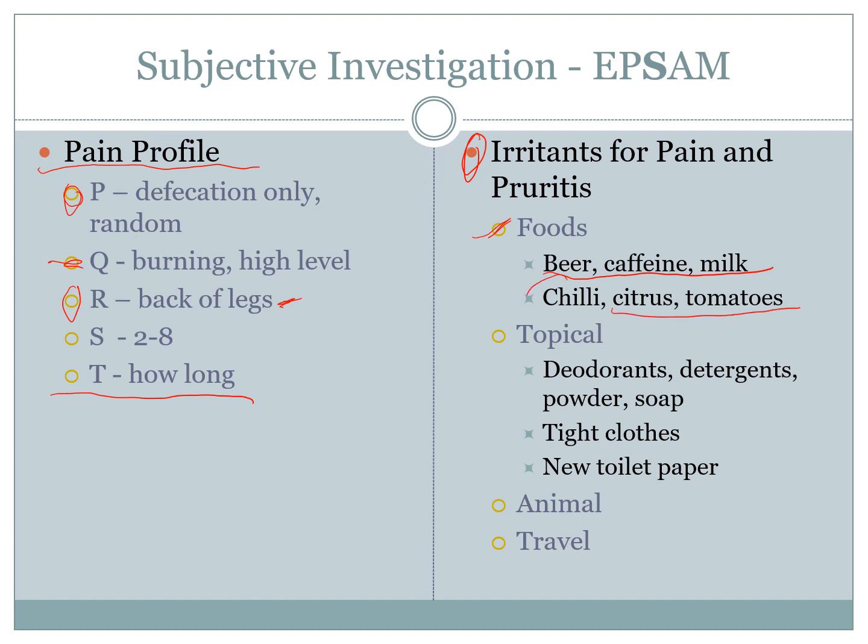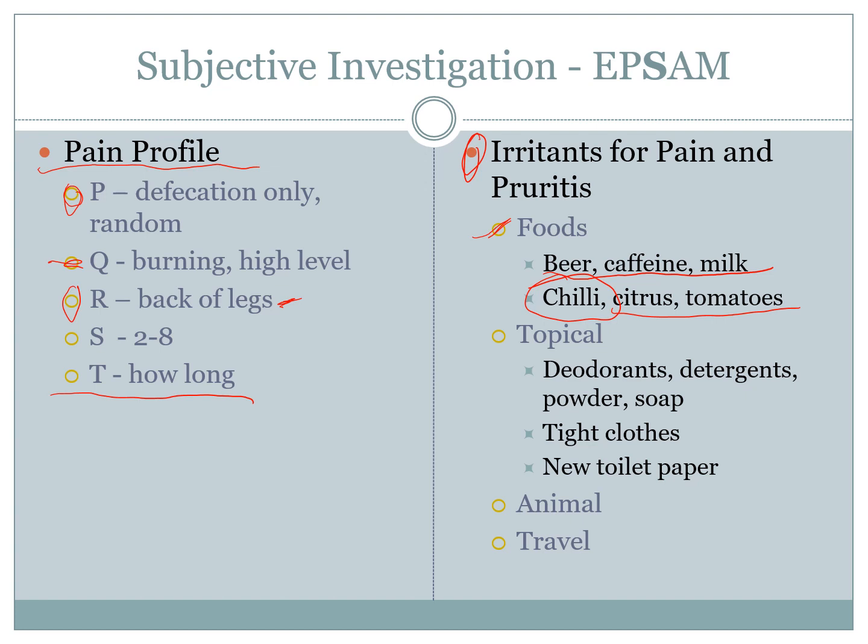Chilies are a very common irritation. If people aren't used to eating chilies, they're not used to the burning sensation thereafter. Therefore, it can come in as a complaint. So keep that in mind. However, the time frame for chilies is much shorter compared to citrus and tomatoes. That can be weeks in manifestation as opposed to 24, 48 hours.